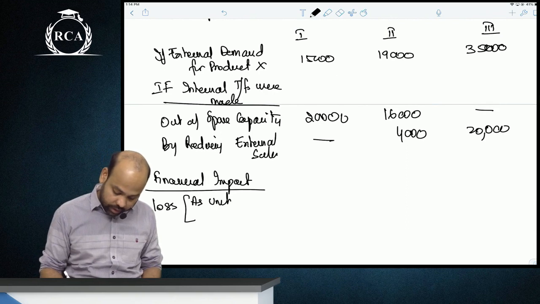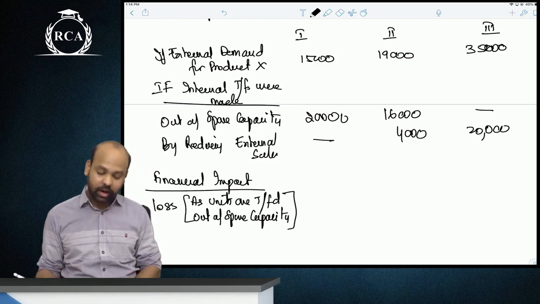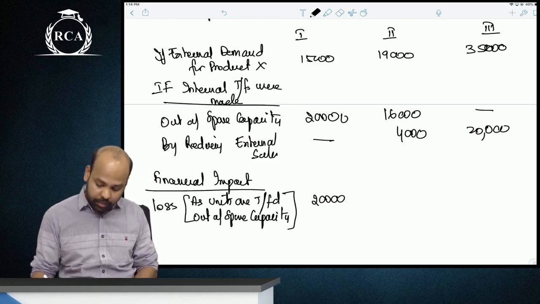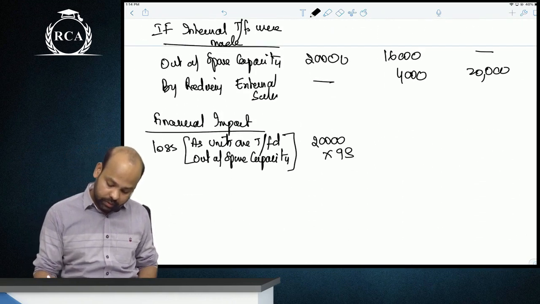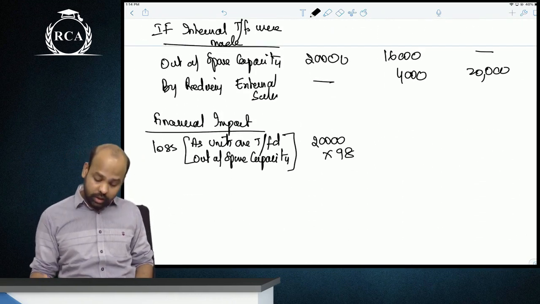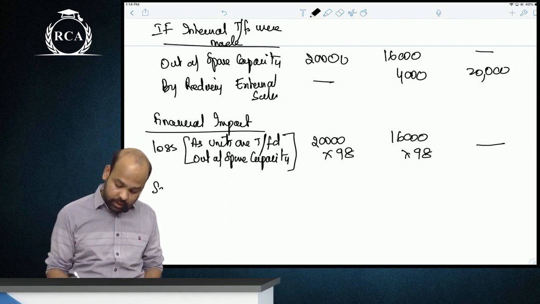If you had spare capacity, you should have utilized it and transferred units internally. तो यहाँ पे per unit we will be incurring a loss of 98 rupees. Here 16,000 into 98.